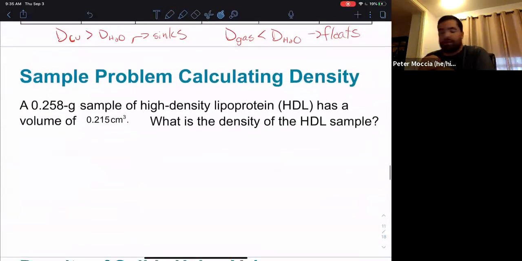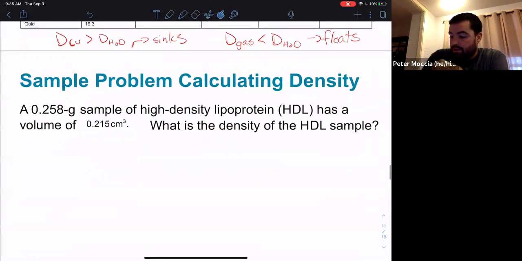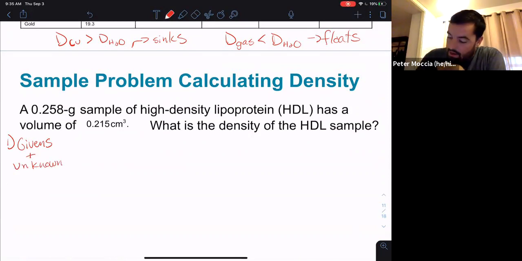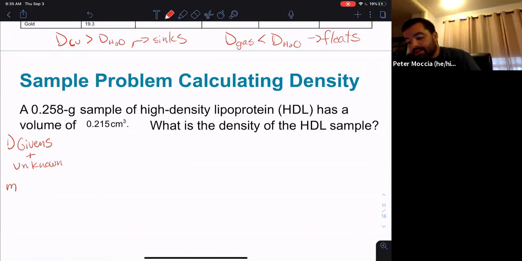Sample problem calculating density. This is a nice, easy one. I just want to show you the steps that I want you to take. Number 1, I want you to write the givens and the unknown. It says a 0.258 gram sample of high density lipoprotein, HDL, has a volume of 0.215 cubic centimeters.